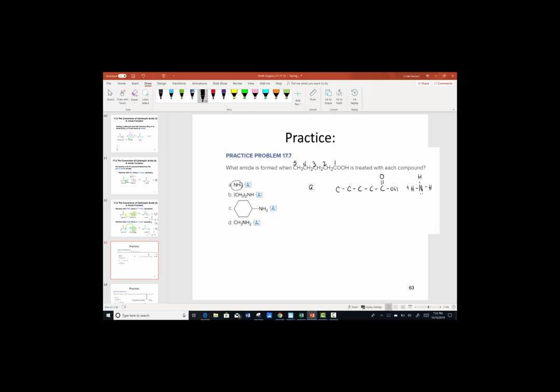I'm going to break one nitrogen to hydrogen bond, and I'm going to make a water molecule from it. So I know that water always comes out. And I understand that what's left over after I take one hydrogen off will replace the OH group from the original carboxylic acid. So in the end, the structure has 5 carbons, 1, 2, 3, 4, 5, the double bond O, and now an amide has formed.